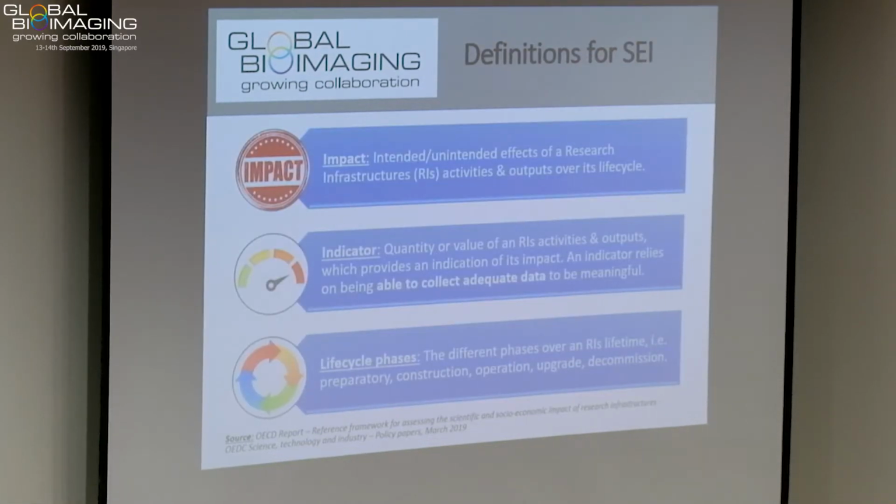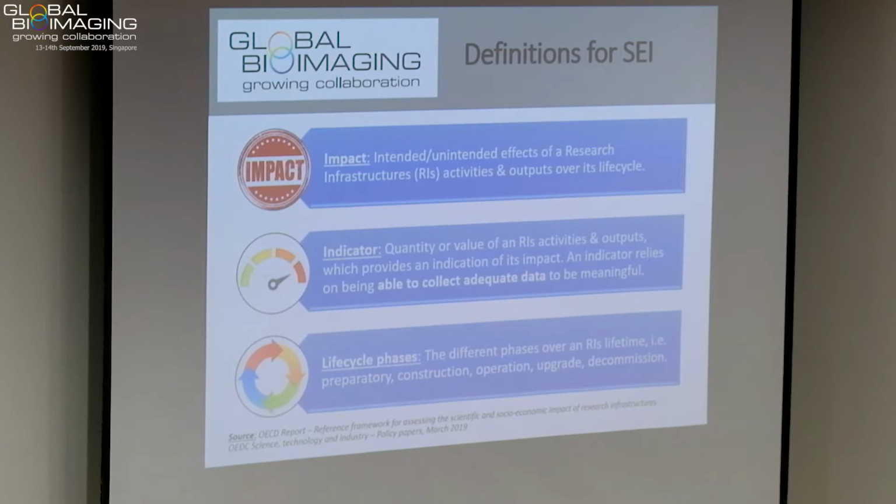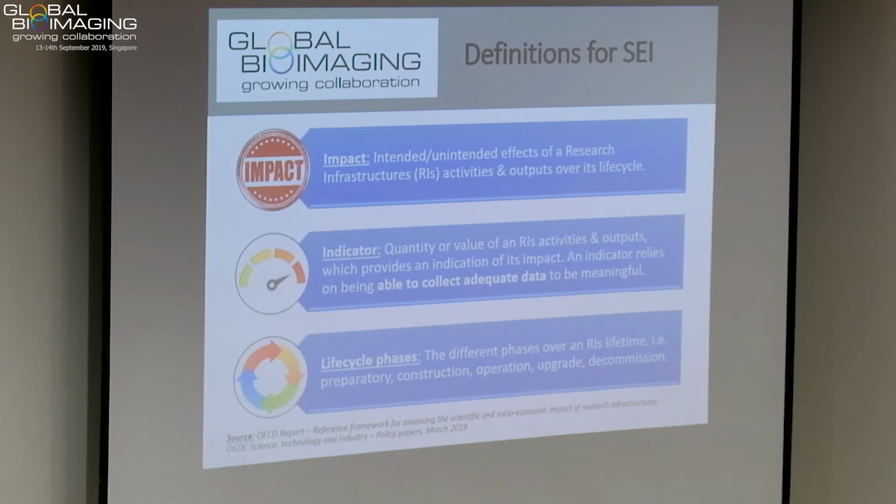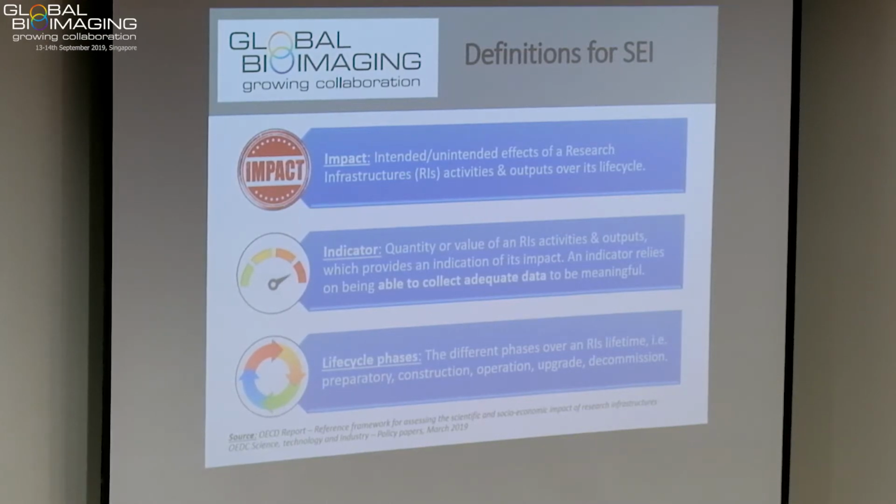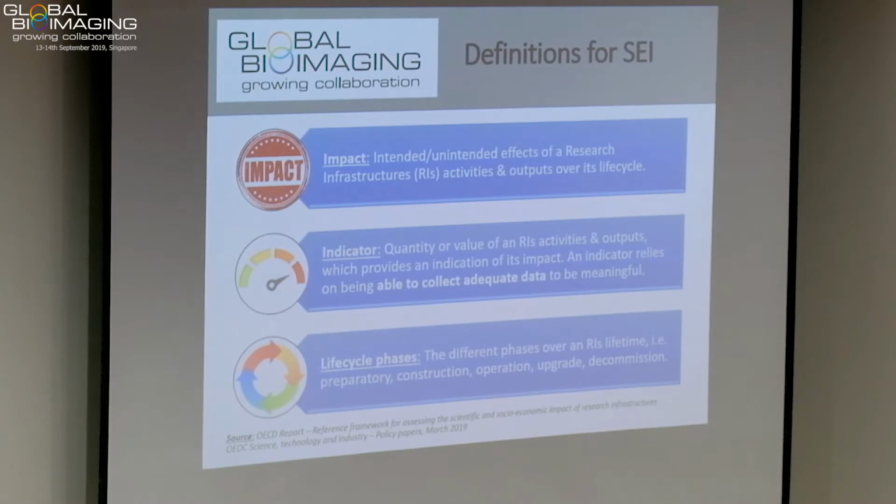So just a definition of what is socioeconomic impact. So the impact itself is the intended or unintended effects of a research infrastructure's activities and outputs over its life cycle. So this could be all the way from setting up the infrastructure to its end of life. Indicators are ways to measure the quality or value of that research infrastructure, its activities and its output.